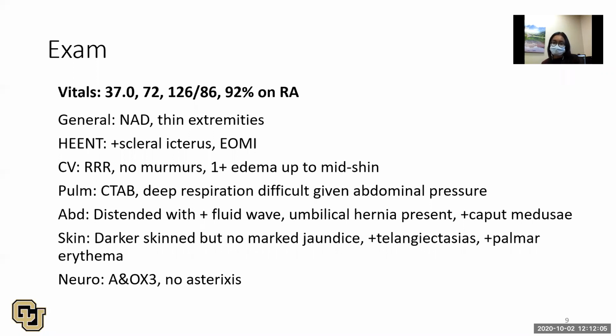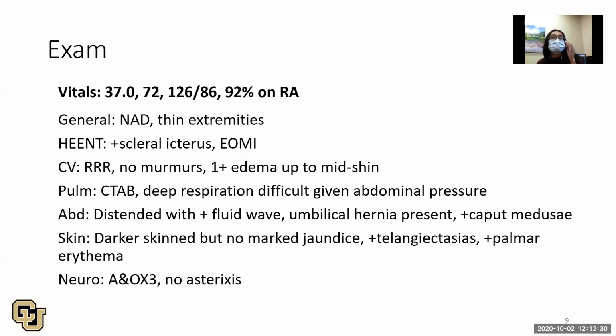His heart exam is pretty normal. Lung exam, normal. He does have a fluid wave. And then he has some sequelae of cirrhosis like caput medusae, telangiectasias, and palmar erythema. But no asterixis on his neuro exam. Is this exam what you guys would have expected for this patient?